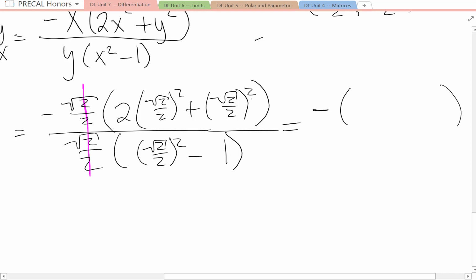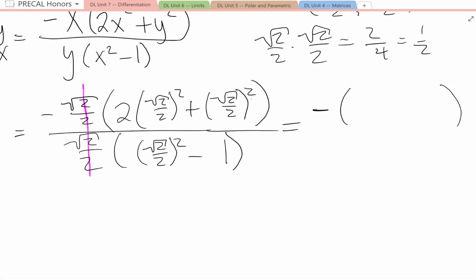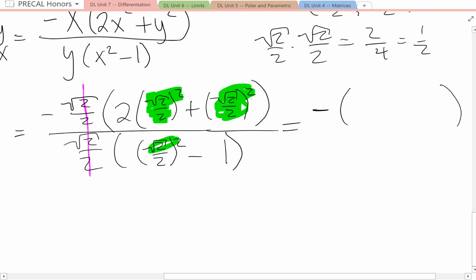What is root 2 over 2 times root 2 over 2? That is 2 over 4, which is 1/2. So every single one of these is just equal to 1/2.